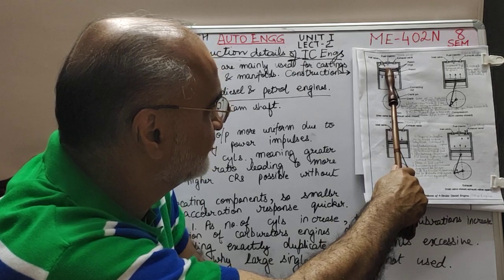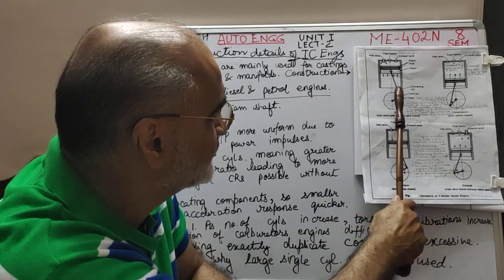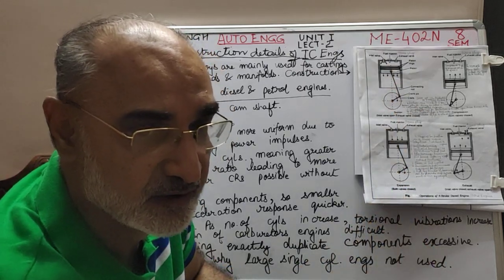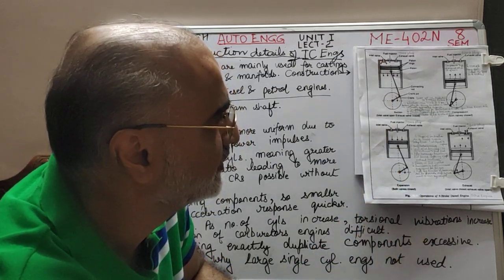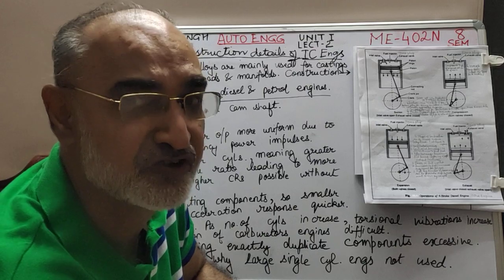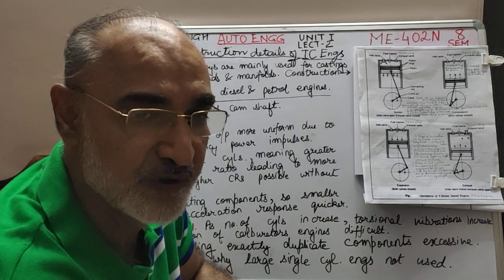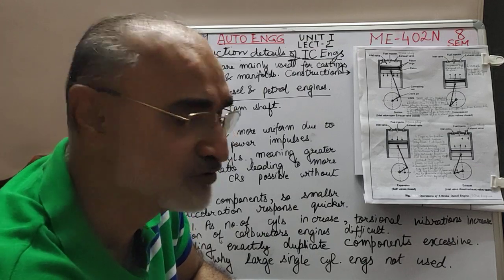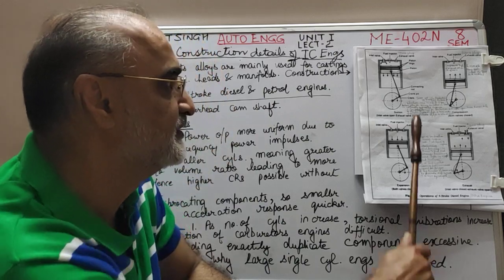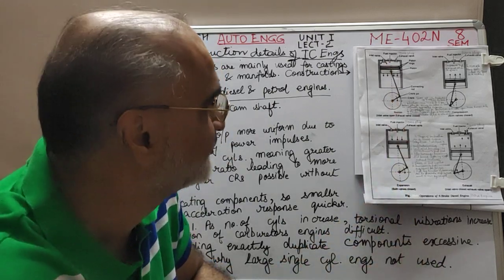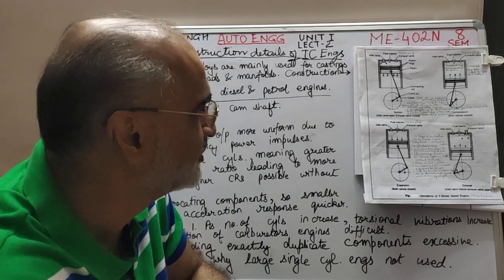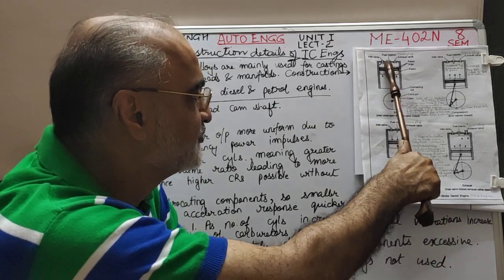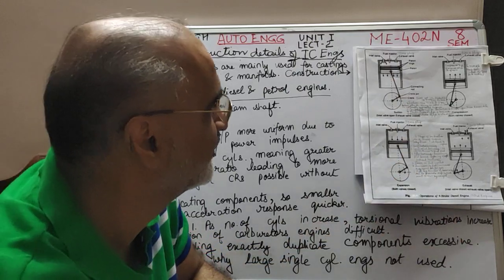So, with the suction created below atmospheric, the entrance of the intake is restricted. Therefore, to get as much charge into the cylinder as possible, this suction needs to fall below atmospheric pressure. Then only you will get a substantial amount of fuel air mixture into the cylinder.